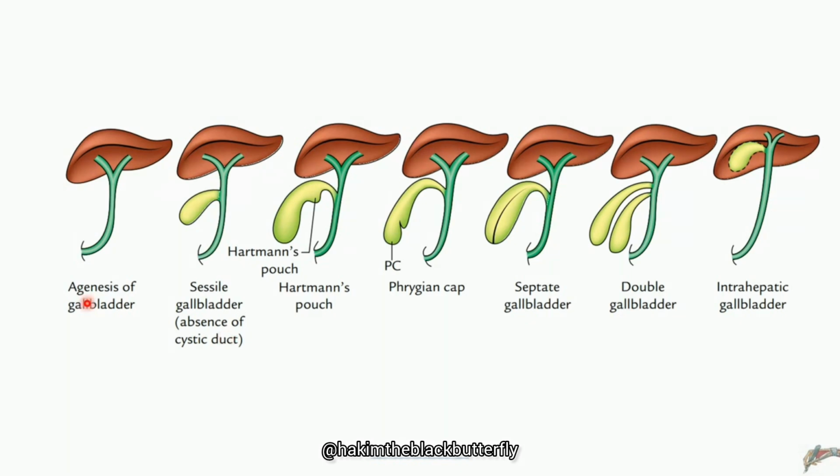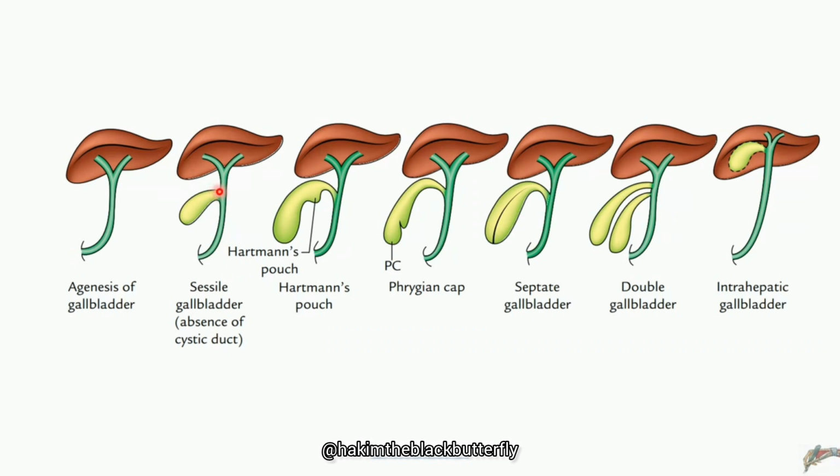For example, if the pars cystica does not form, obviously there will be no gallbladder and no cystic duct. If there is underdevelopment of the pars cystica, the gallbladder will be there, but the cystic duct is not going to be there. And that will give us what we call the sessile gallbladder. That's a gallbladder that is directly attached to the common hepatic duct via its neck. There is no cystic duct.